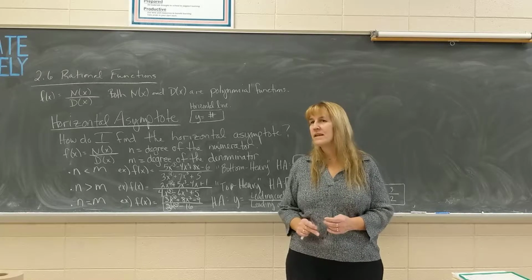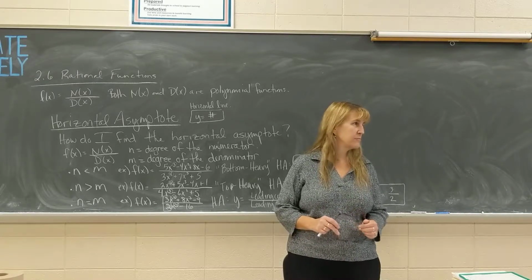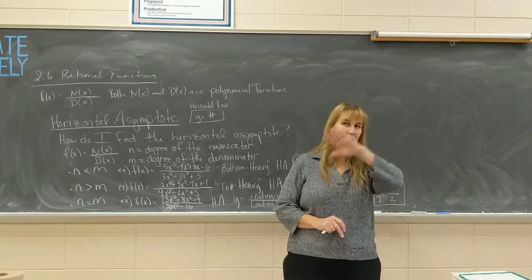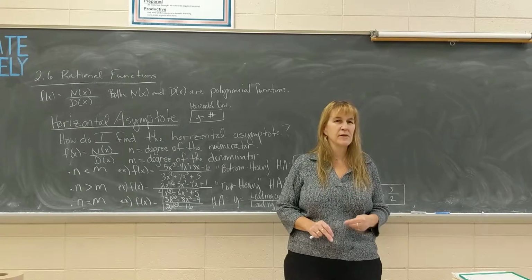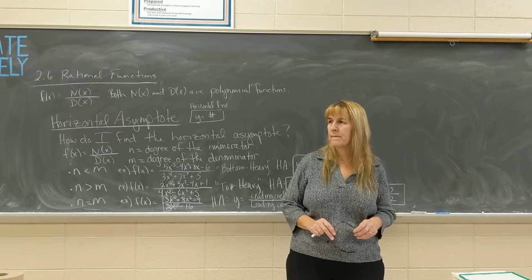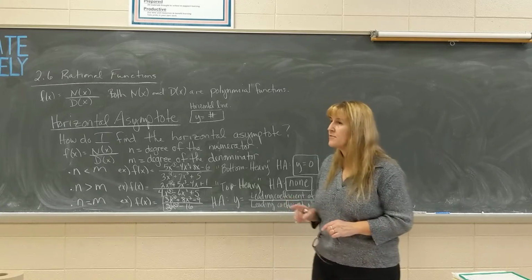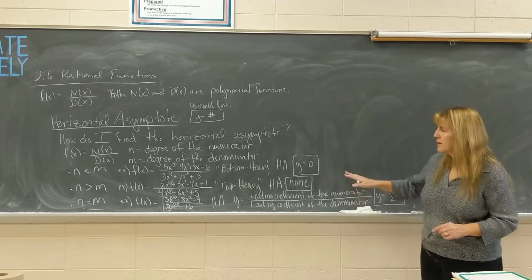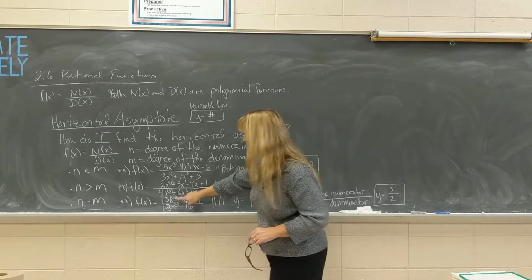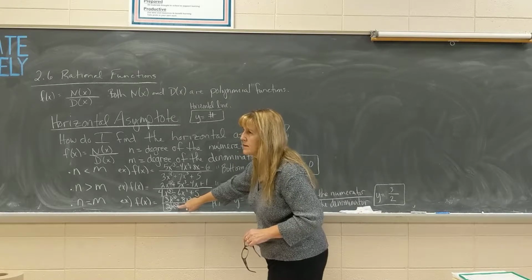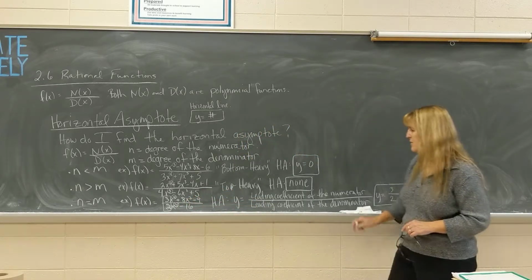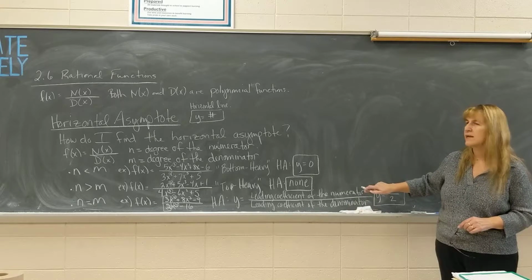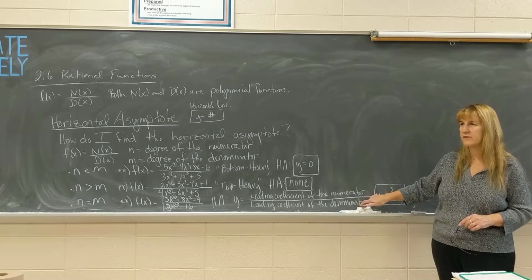Alright? How do you find the horizontal asymptotes in general? Degree of the numerator over the degree of the denominator, only when you're comparing the degrees. Okay, so when you say over, I'm looking at the leading coefficient over the leading coefficient.